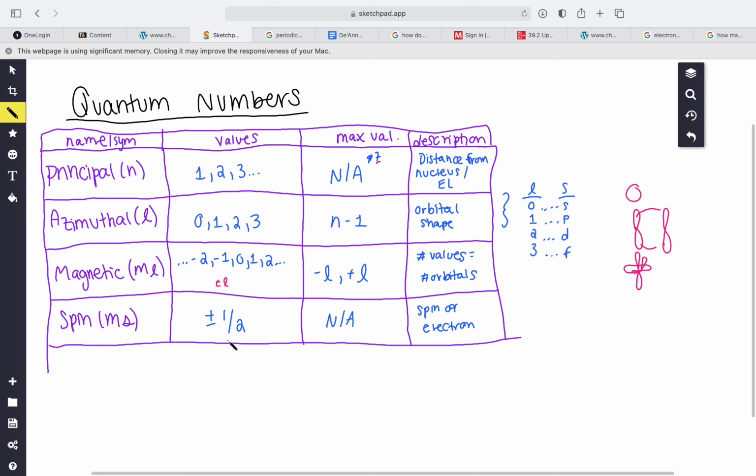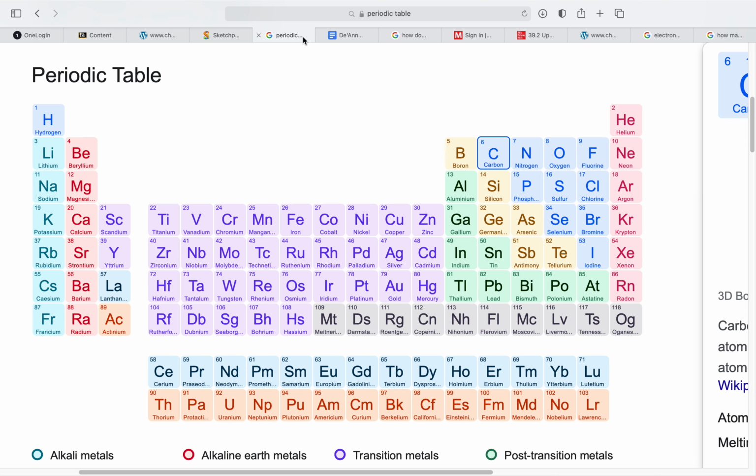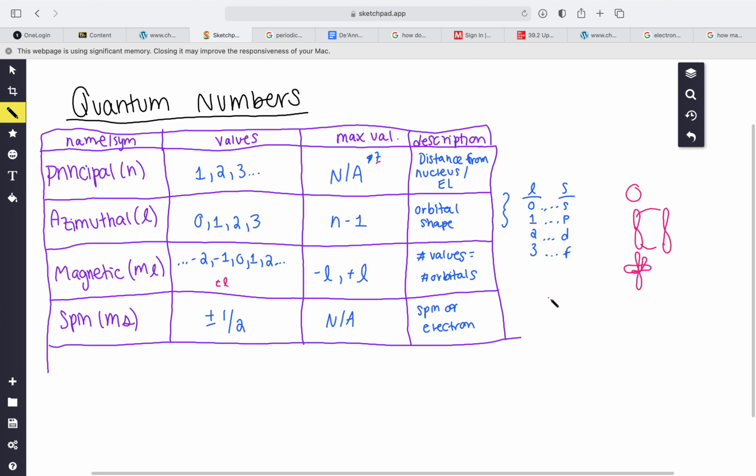And then the spin is plus or minus 1/2 for each electron. If you have 8 electrons, which would be oxygen, each electron is going to be plus 1/2 or minus 1/2. That tells you if it's spinning up or spinning down.